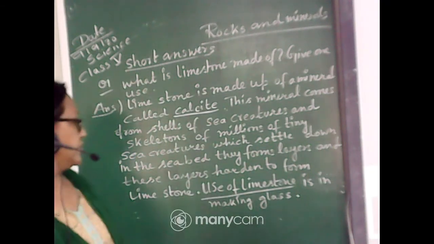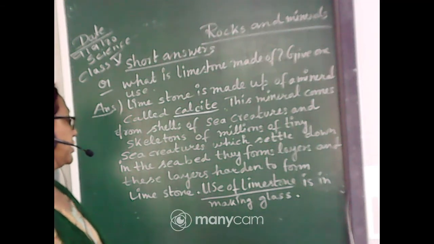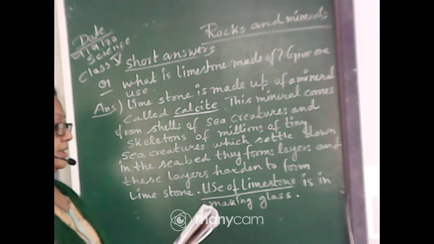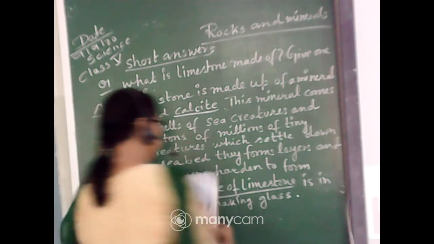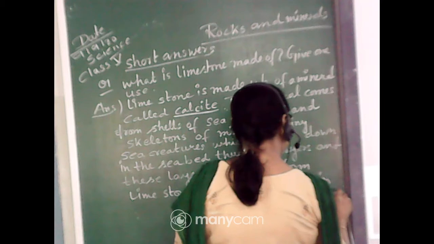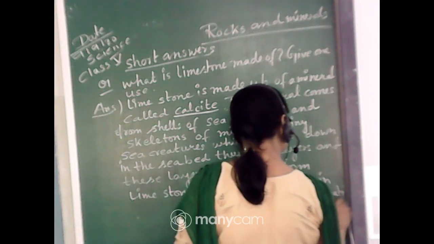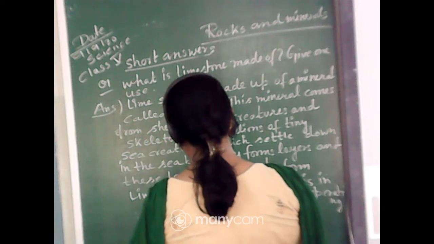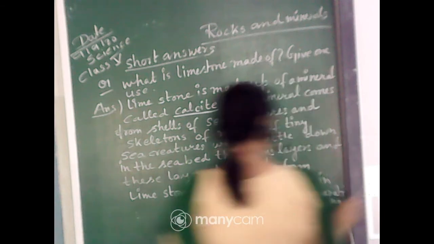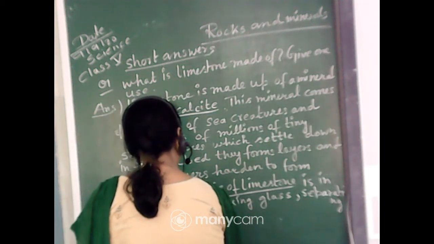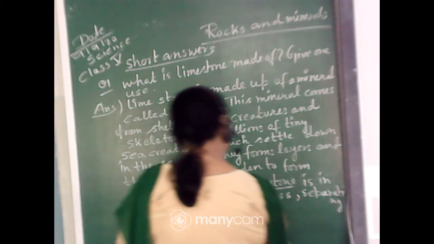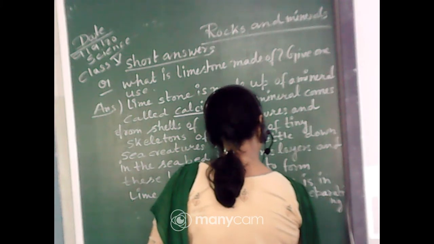So this is one use of limestone. Use of limestone is in making glass, and separating pure metals from ore.